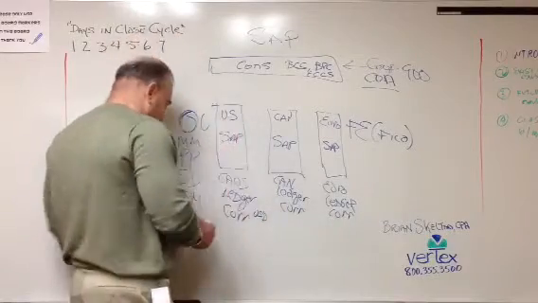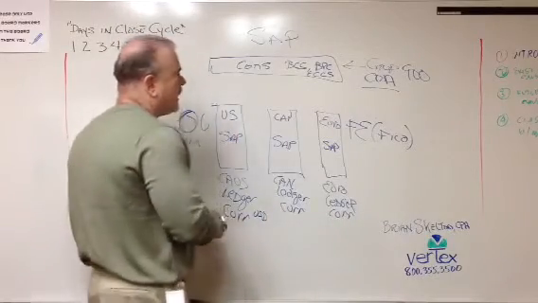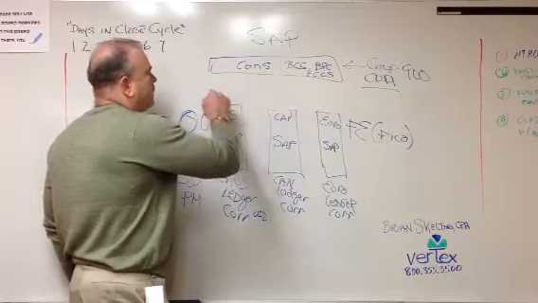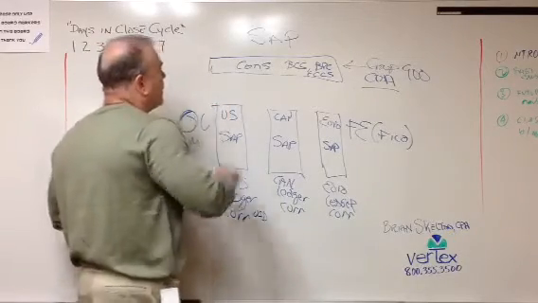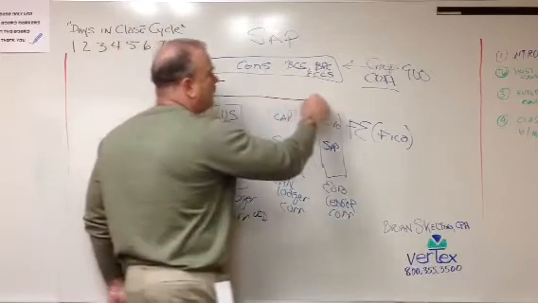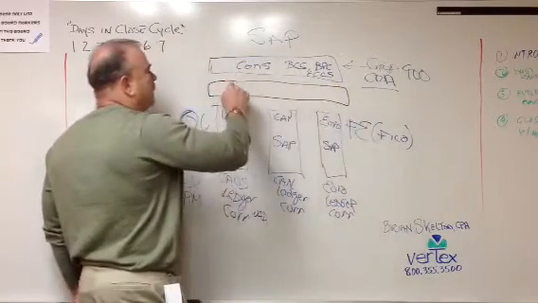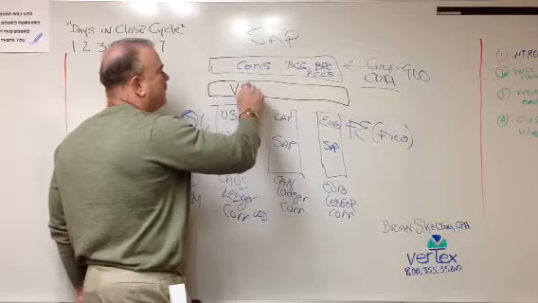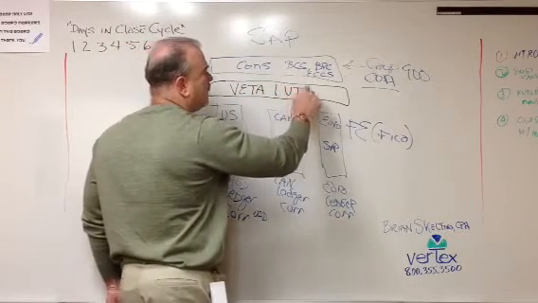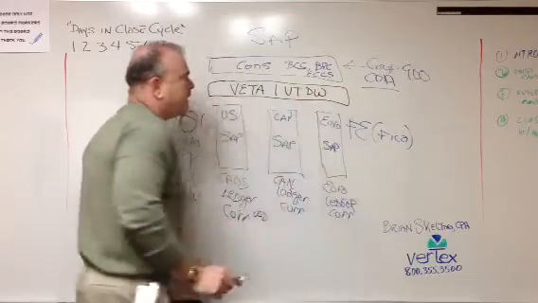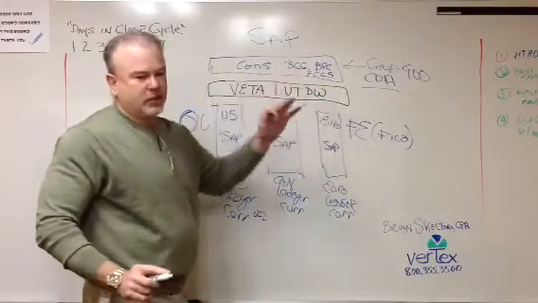So what we're doing is creating a way to capture the information inside a tool right here called the Vertex Tax Accounting, and there's also a Vertex data warehouse here. Now this data warehouse is a tax-centric data warehouse.